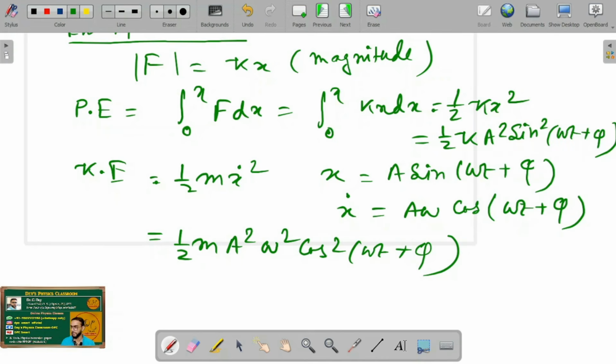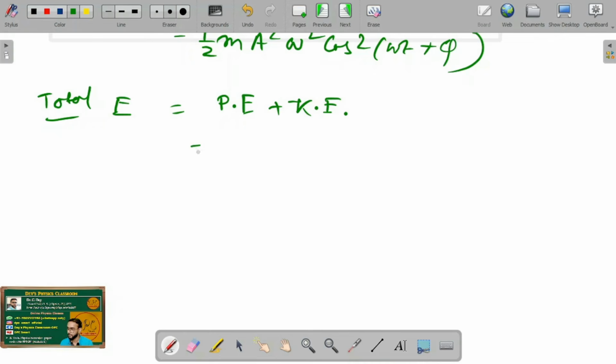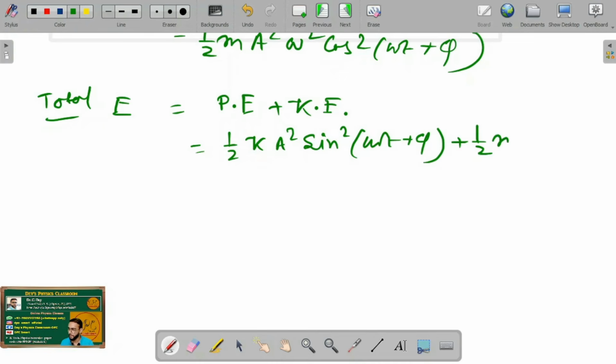So we have put the value of x in both cases, kinetic and potential energy. Now the total energy E would be the potential energy plus the kinetic energy, that is half k a square sin square of omega t plus phi plus half m a square omega square cos square of omega t plus phi.